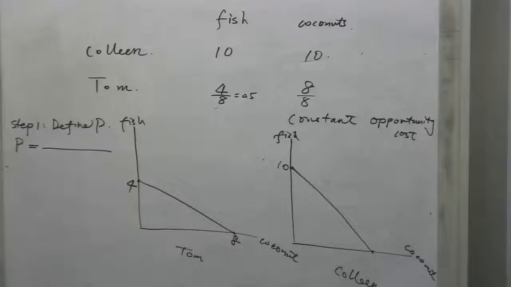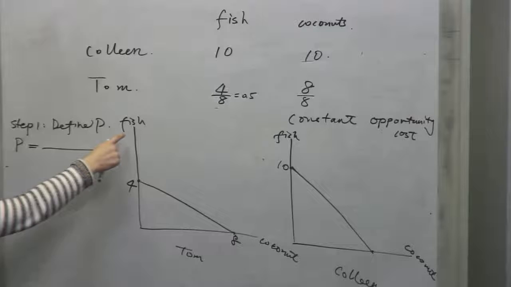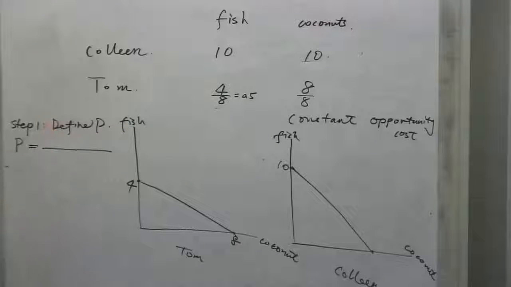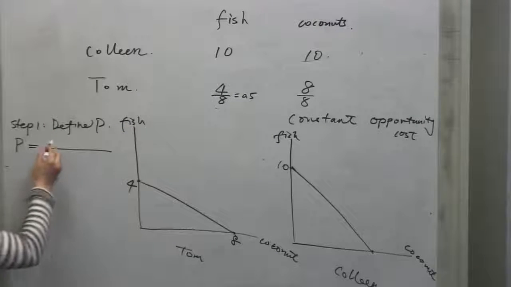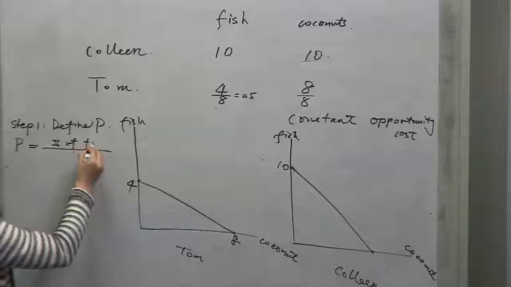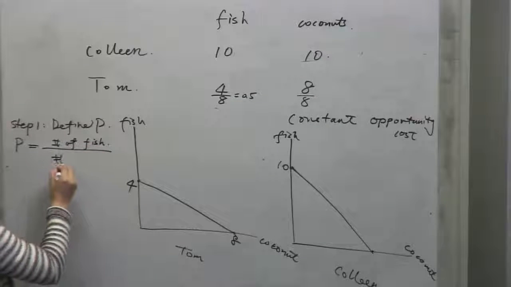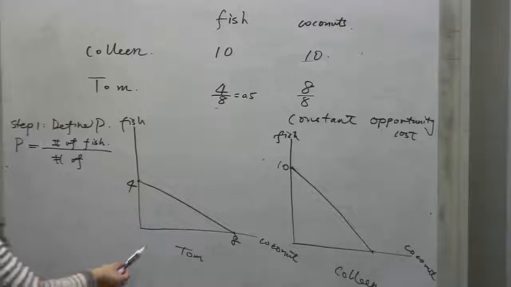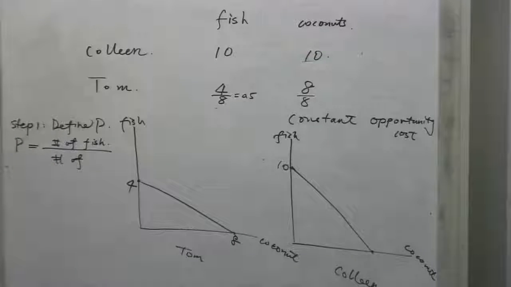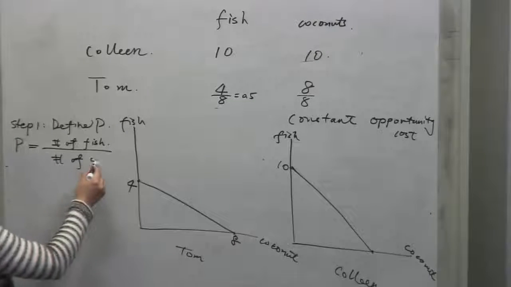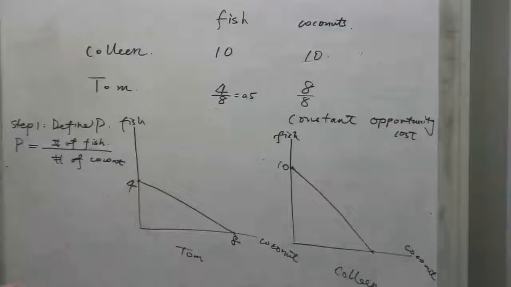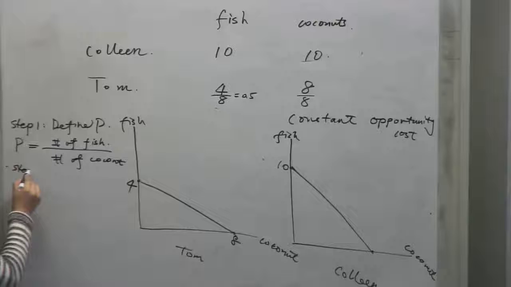The number of vertical axis good divided by the number of horizontal axis good. Okay? That's step 1. Step 2.